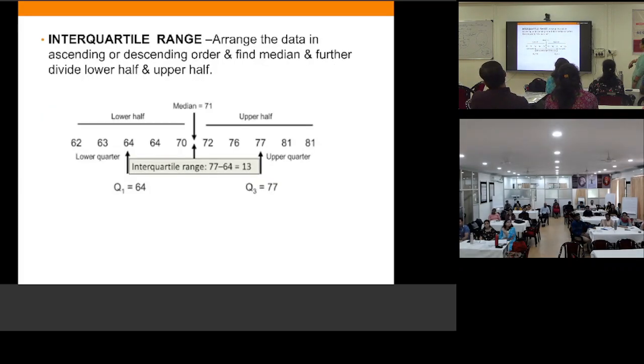Second thing which comes is the interquartile range. Okay, so arrange the data in order as you did for finding the median, and find the median in the lower half.